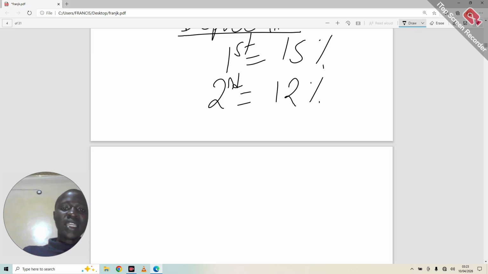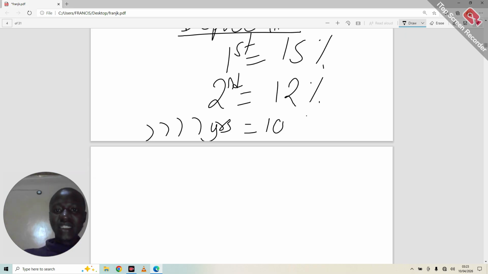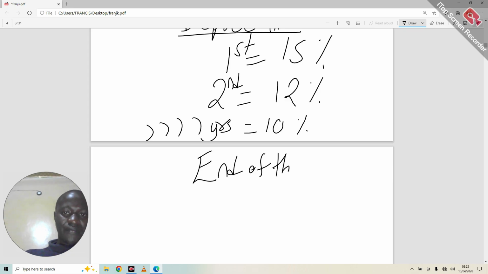So after the second year, we don't know how many years are there. But after the second year, the rate of depreciation is 10% yearly. Calculate the value of the generator at the end of the fifth year.